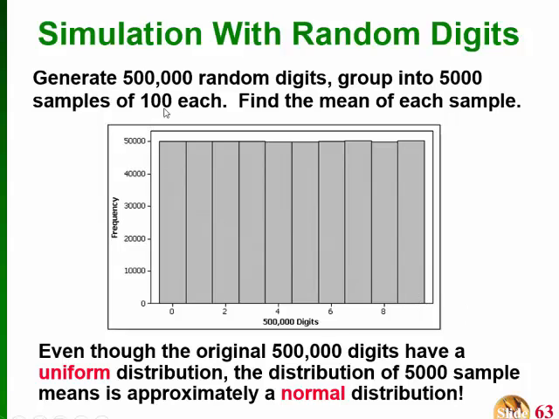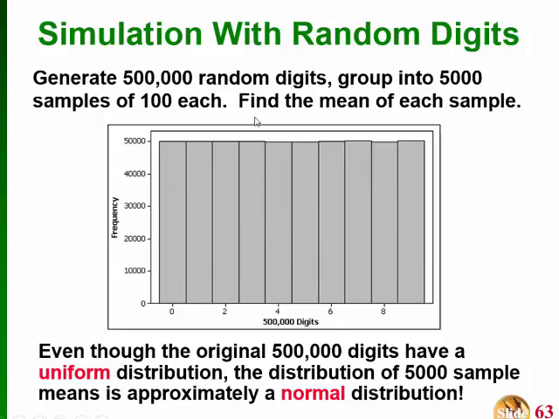So this example used a computer to generate 500,000 random digits and group them into 5,000 samples, each of 100. So our sample sizes are going to be 100 each, and then they looked at the 5,000 samples.